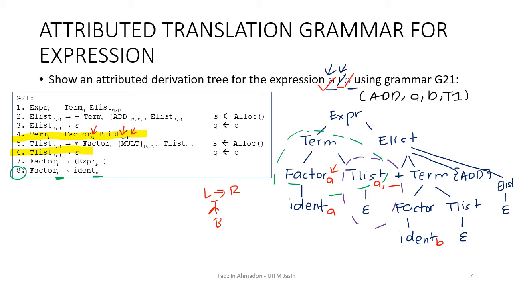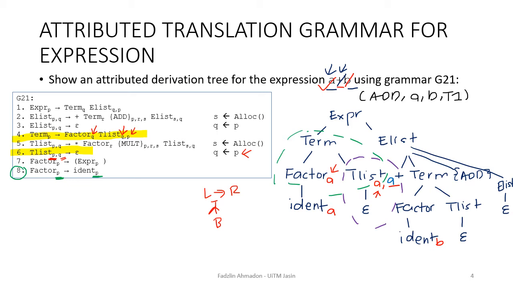So for rule number 6, we already know the value for attribute P, which is A. We do not know yet the value for attribute Q. But if you look at the attribute computation rule, it says that Q should get the value of P. Therefore, since P is A, Q will also get the value of A.